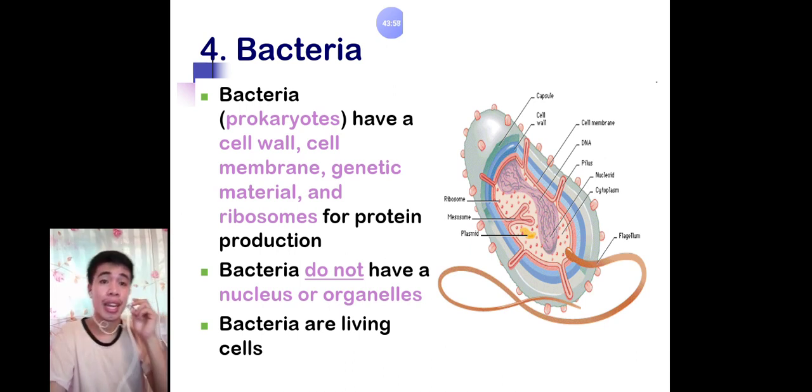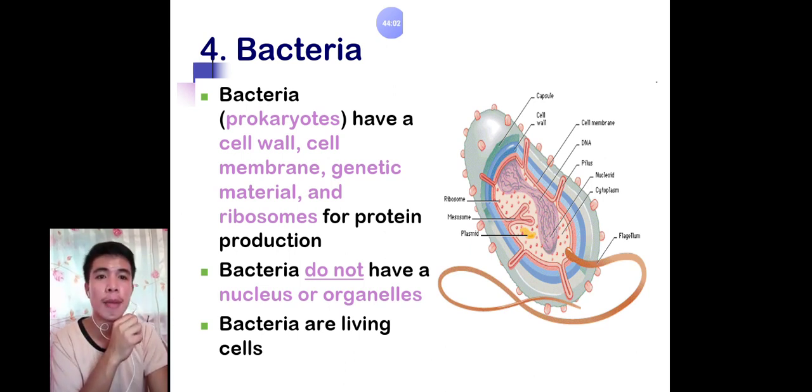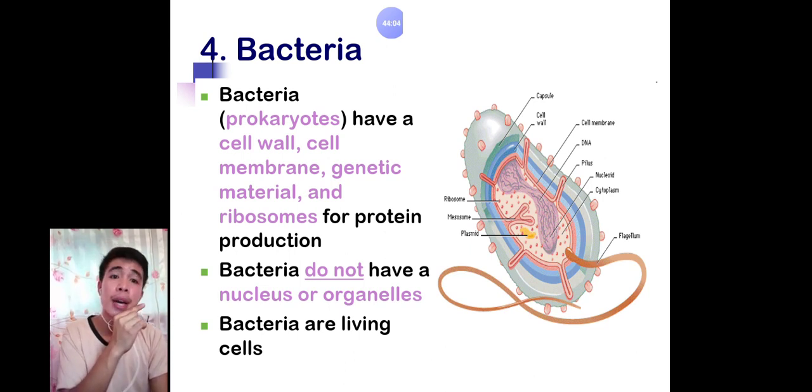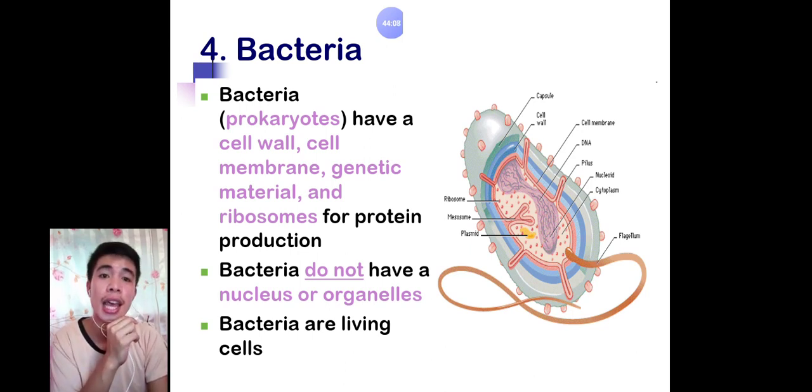Bacteria have a cell wall and membrane, genetic material, and ribosomes for protein production. Bacteria do not have a nucleus or organelles. So when we say prokaryotes, it means without a nucleus.